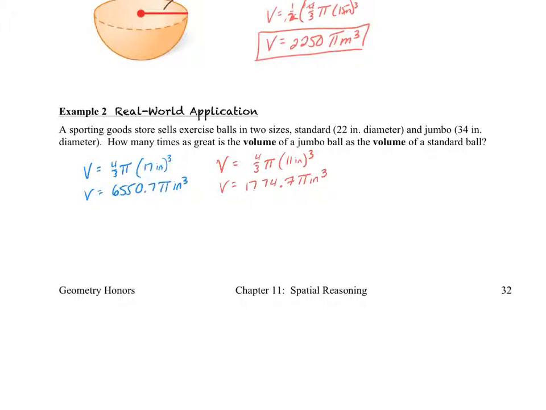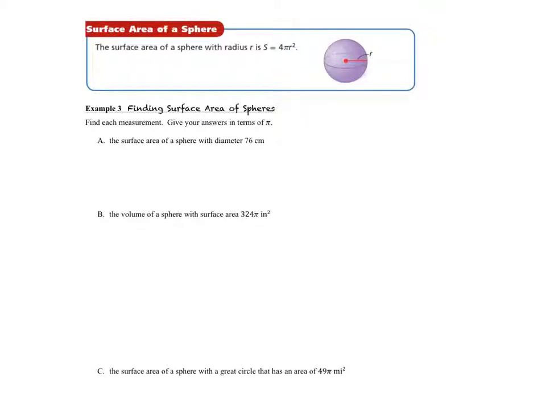And to see the number of times bigger, you would then take 6550.7 pi inches cubed and divide it by 1774.7 pi inches cubed, and you would get that it's about 3.7 times bigger. I think that's the easiest way.